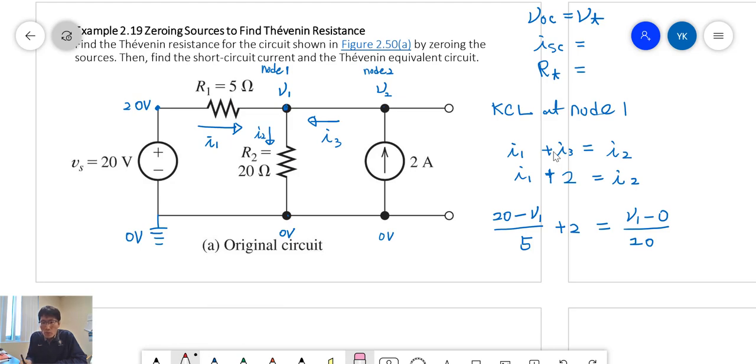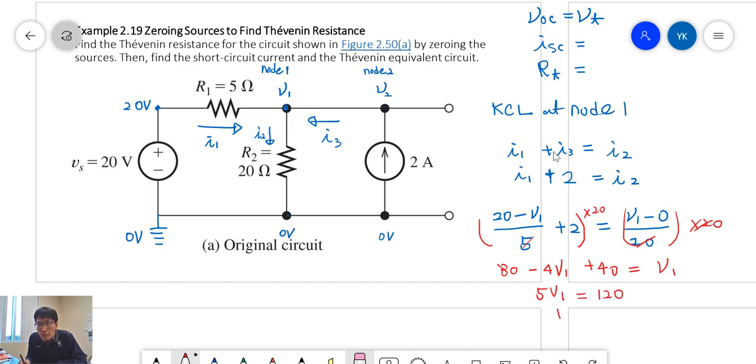Multiply both sides by 20 to remove all denominators. Then 80 minus 4V1 plus 40 equals V1, so 5V1 equals 120, so V1 is 120 over 5, which means 24 volts.